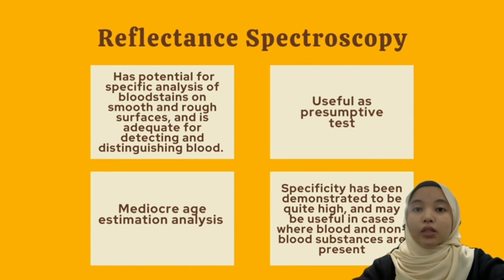Bloodstain age estimations were achieved with only mediocre accuracy using reflectance spectroscopy, and thus this method cannot be recommended for such analysis. However, the specificity of reflectance spectroscopy has been demonstrated to be quite high and may be useful in cases where blood and non-blood substances are present.